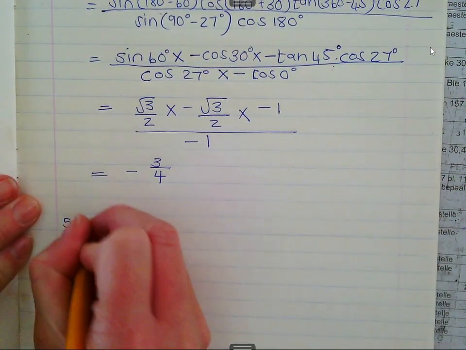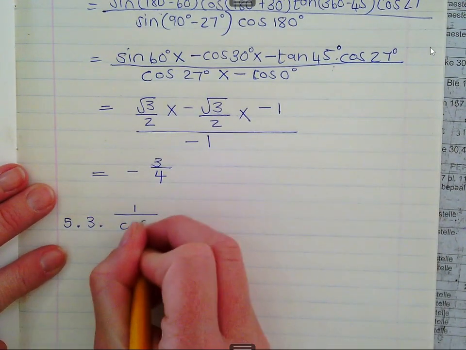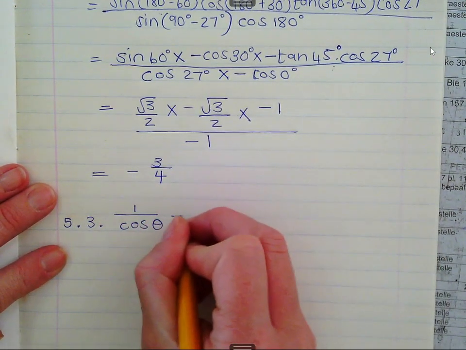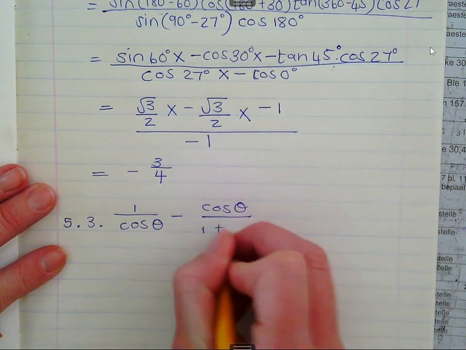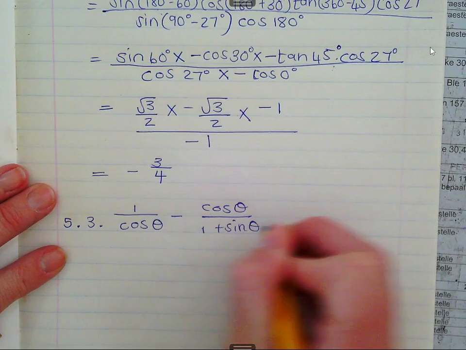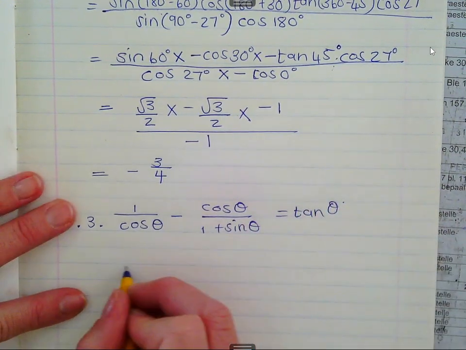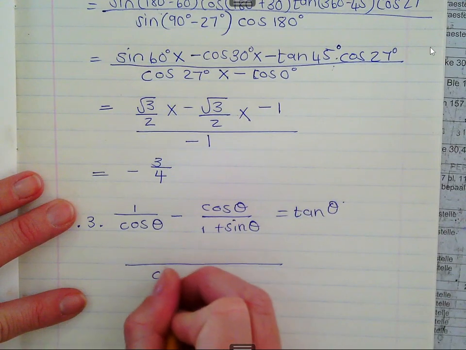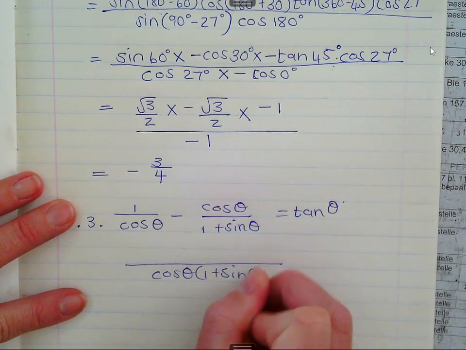Okay, 5.3, prove the identity. Did you notice something about this one as well? Right, I get my common denominator. It's cos theta, bracket sin plus 1 plus sin theta.